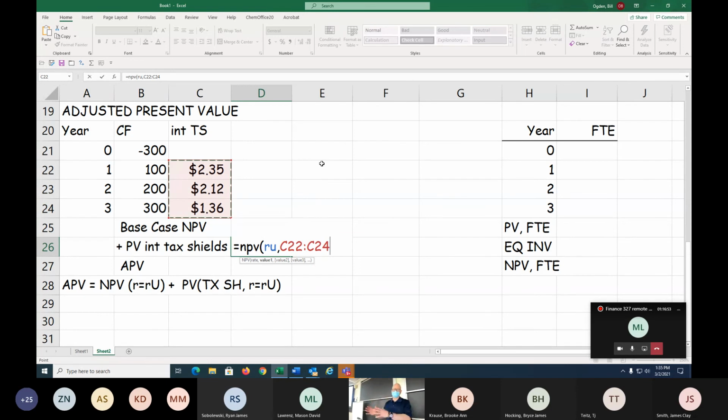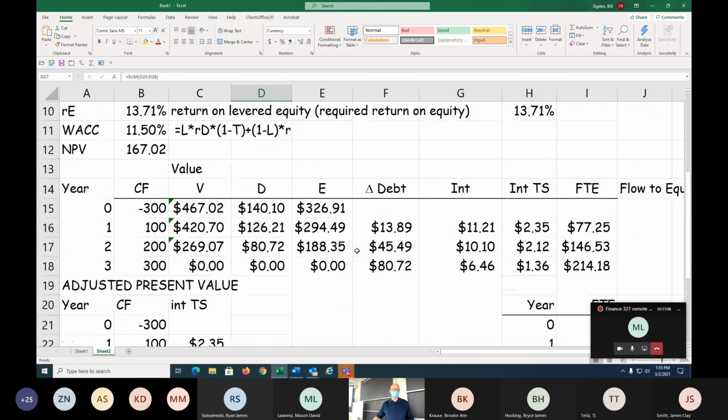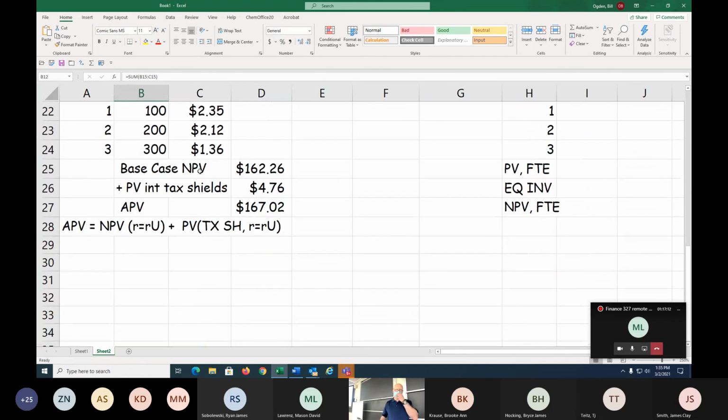So we split it up into two parts. Okay, we get that? And if I add these together, where have we seen that before? 167.02. So under the same assumptions, the NPV and the APV should result in exactly the same number.